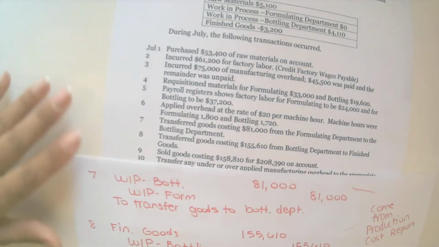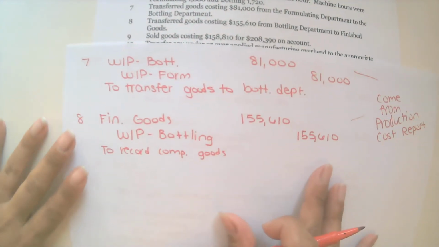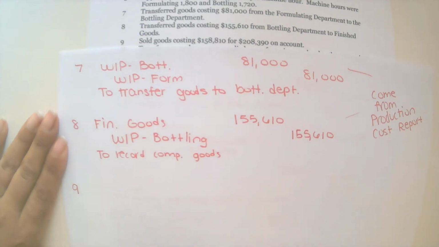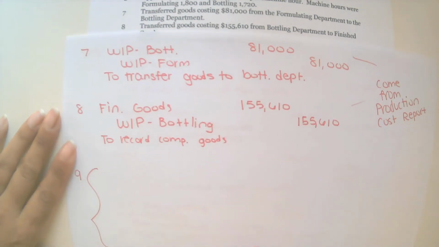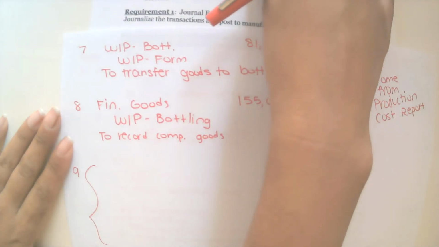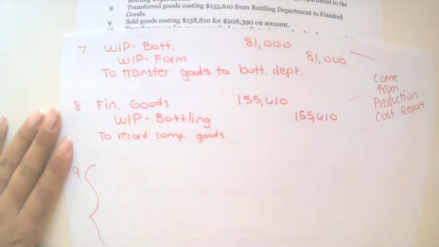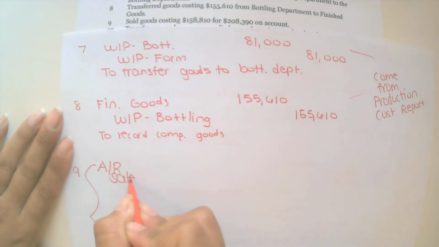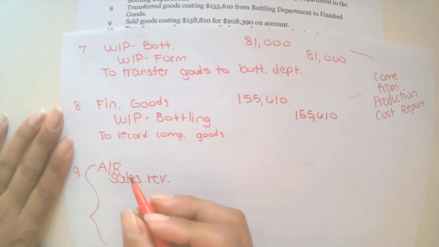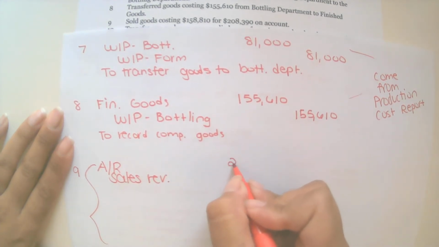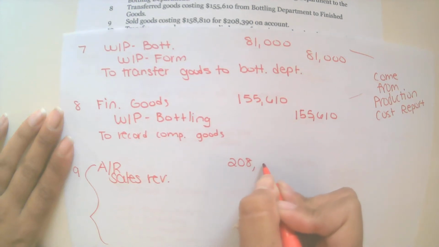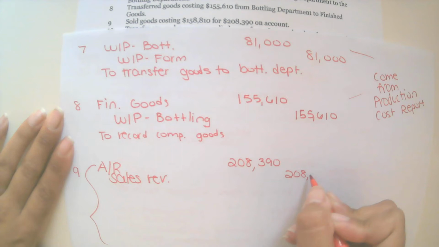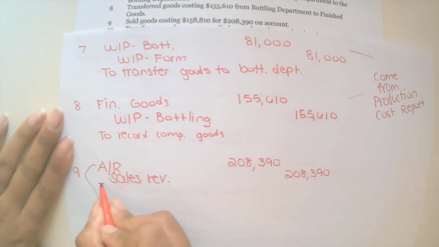All right, number 9. Now we're going to have a sale on account. So that's journal entry number 9. Remember, you have 2 journal entries when you have a sale, one to record the sale, one to record the cost of the sale. So we sold it on account. So AR, sales revenue, 208,390. Sometimes I cannot speak and work at the same time.